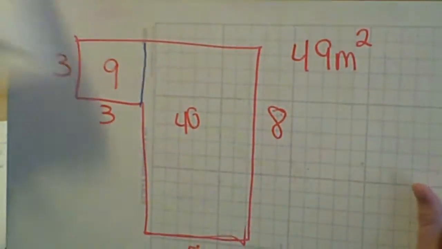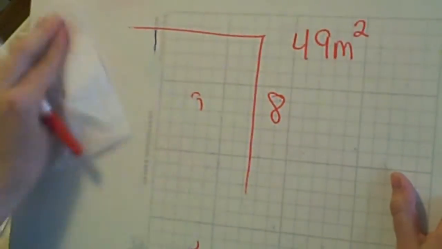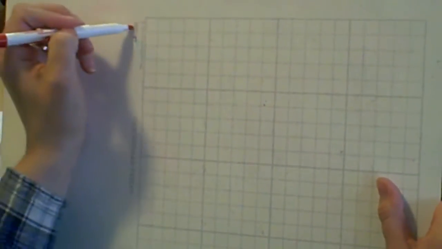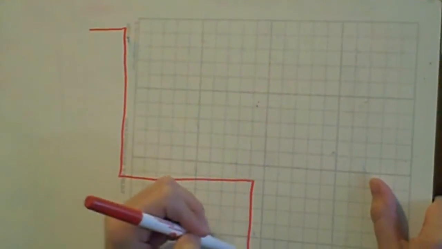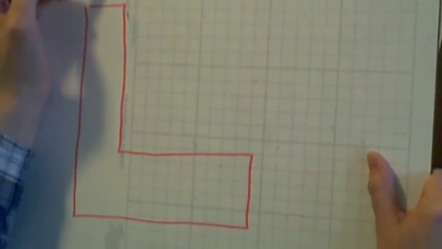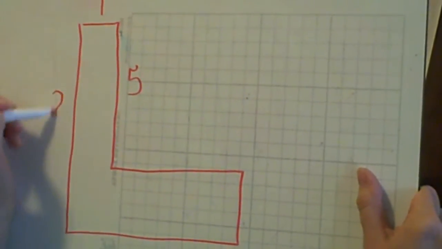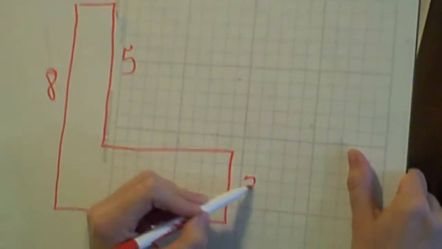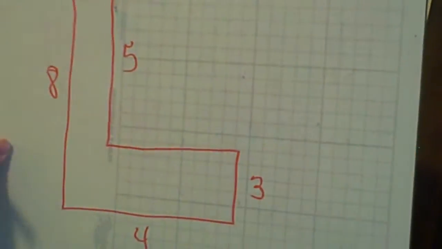Okay? On number 12, we're going to find a perimeter of another figure. And we have, let me write this, just a big fat L. 1 here, 5, 8, 4, and 3. So we're finding the perimeter, so we need to find a missing side.